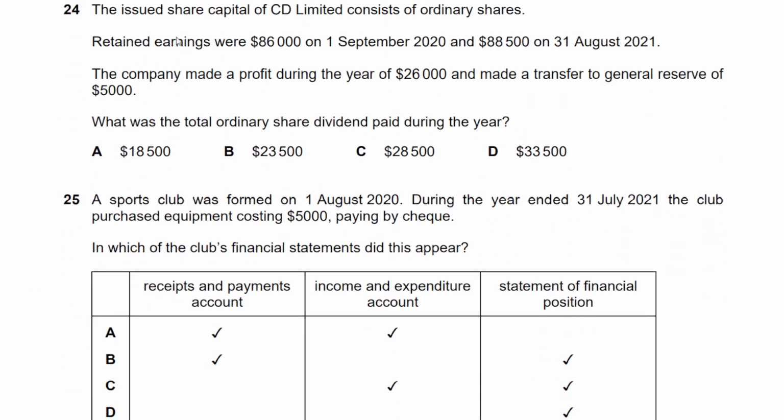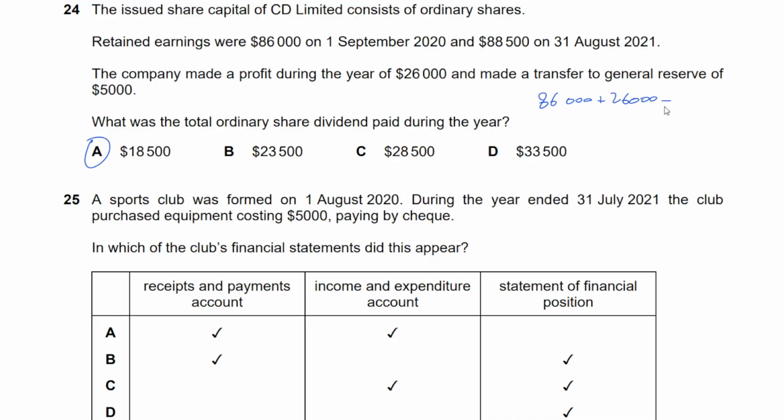Number 24, the issued share capital of CD Limited consists of, wait, that's another repeated question. I remember the option, I think, was 18,500. So what you do with this one is you start with the opening retained earnings, 86,000, and then you add the profit that's given, 26,000.